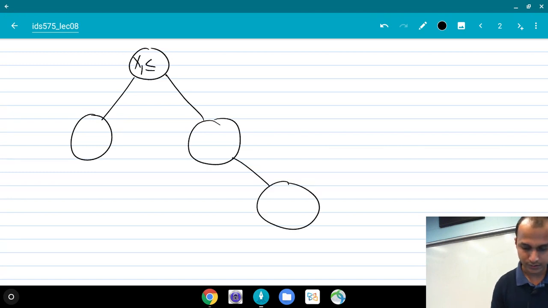So x1 less than or equal to some number, let's say 5, x1 less than or equal to 7, and some r3.